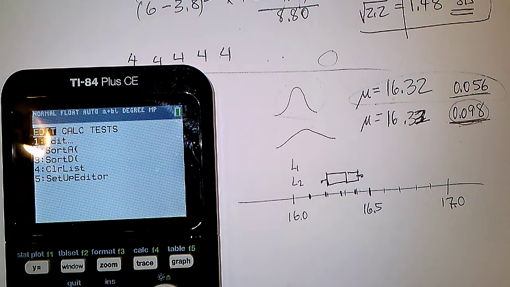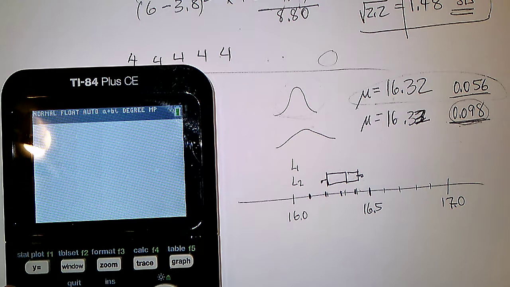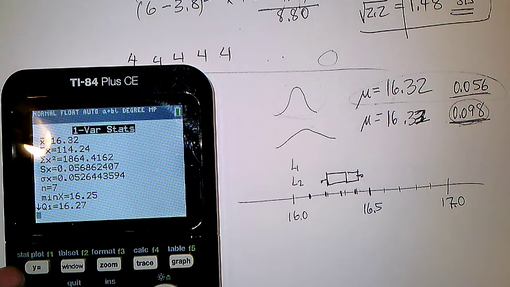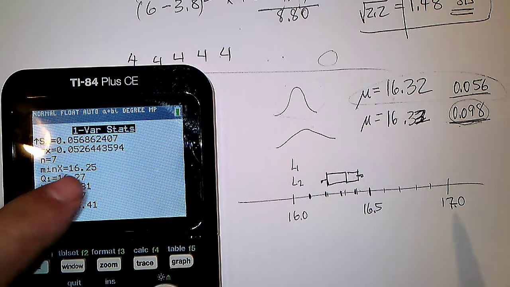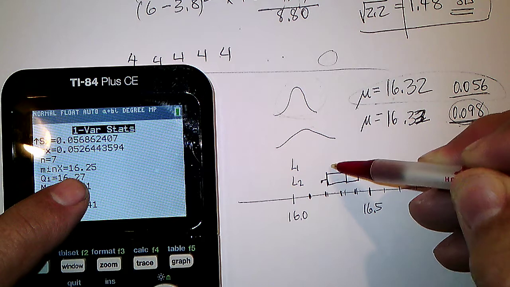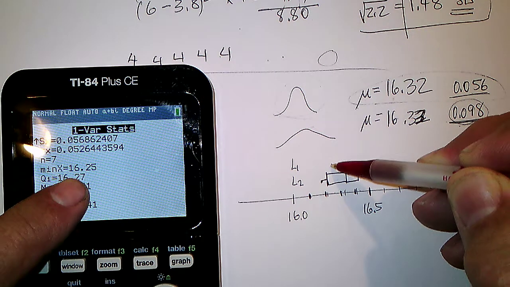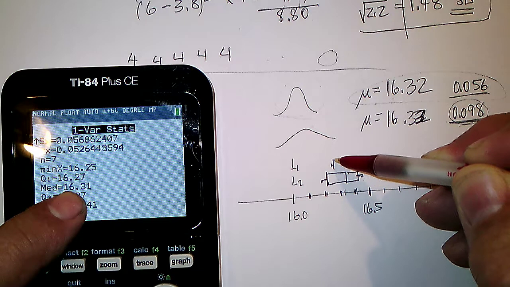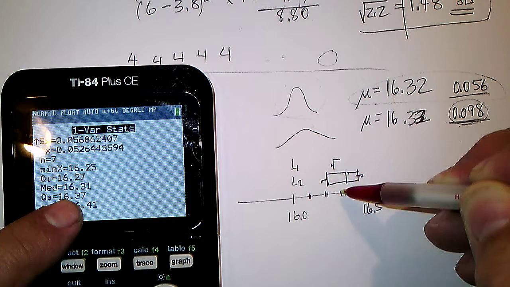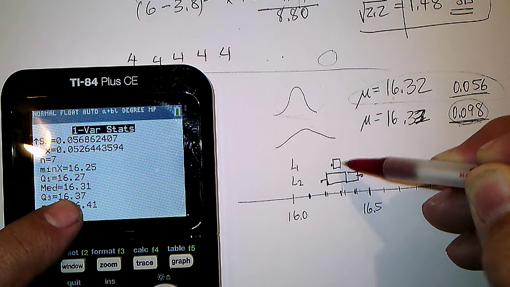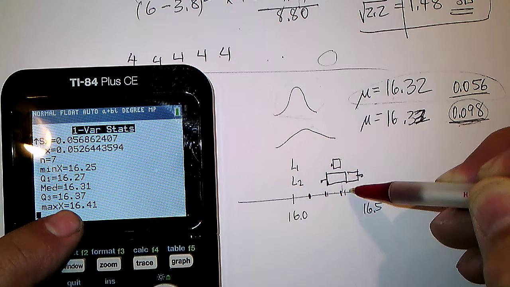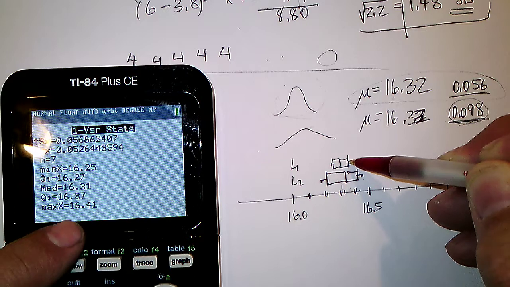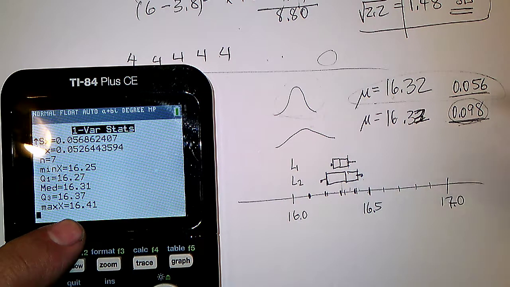So stat, calculate the one variable statistics on list 1, and it comes up with the lowest one is 16.25, then 16.27, which is right close to that, and then 16.31 is right about there, and then 16.37 is right about there, and then 16.41 is right about there.